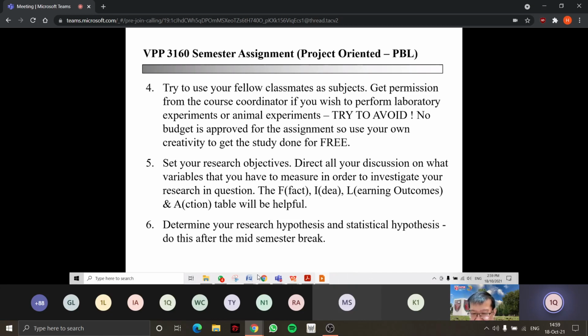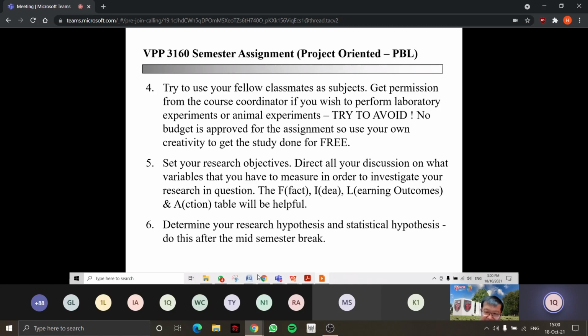Okay, to some extent. Now, what you can see here is that there are a lot of terms that you may not know yet. For example, research objective, hypothesis, statistical hypothesis. Okay, and all this. These are terms that you have not been taught yet.